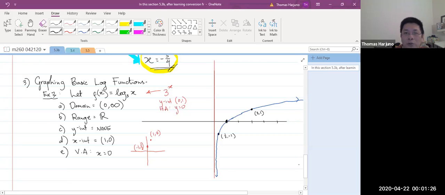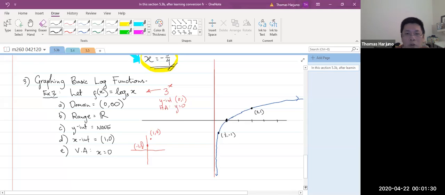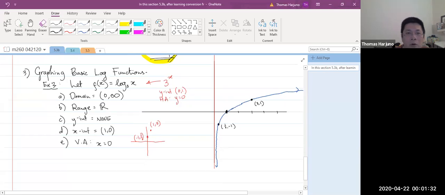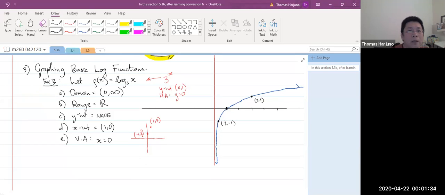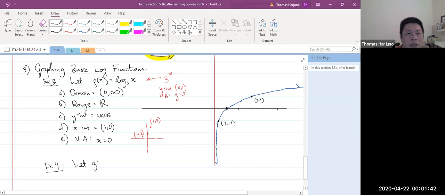Okay, let me ask you to do one problem. This time I make the base to be between 0 and 1. Let's say example 4. Let g(x) equal log base 1/2 of x.